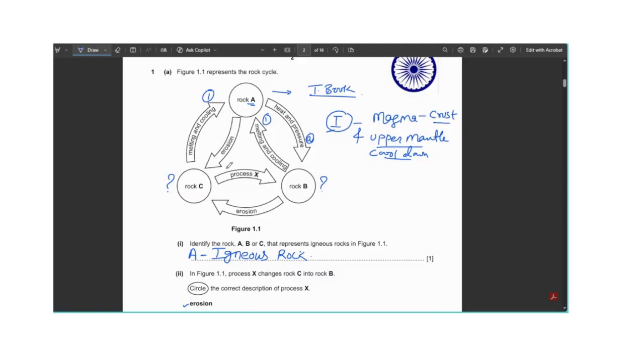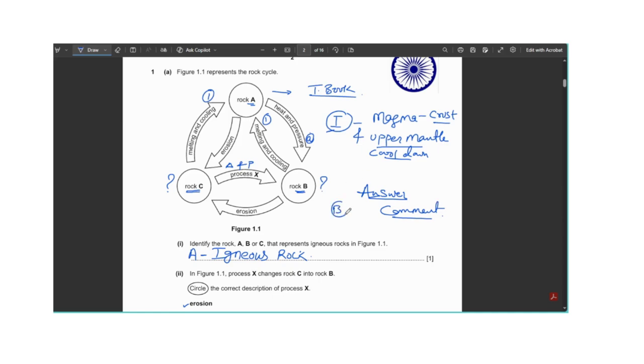So if this is heat and pressure, which type of rock is this, and which rock is formed by the erosion? You can answer this in the comment box. I'll wait for your answers in the comment box.